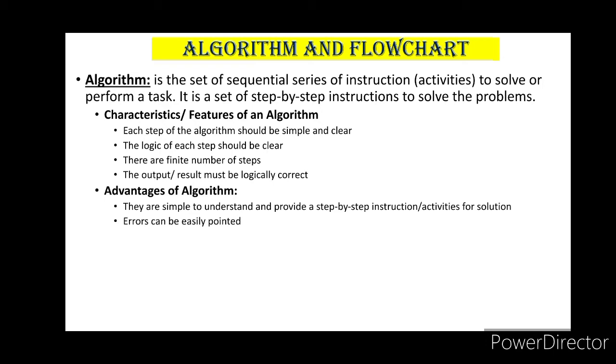Because it is written step by step, it helps us to find the errors and the bugs and correct them. That is called debugging. It provides the desired result. It also helps to design the program faster, because it provides guidelines to the programmer.